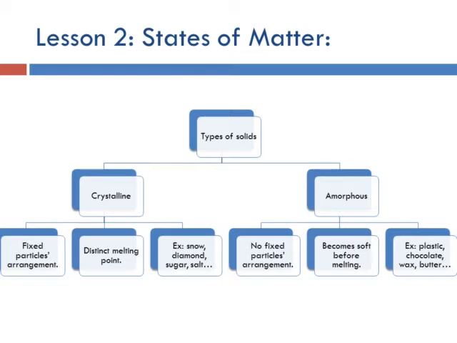They can become soft. Amorphous solids do not have a fixed particles arrangement, which means that the particles in an amorphous solid are not fixed in a specific way. They are not organized. Some examples of amorphous solids are plastic, chocolate, wax, and butter.